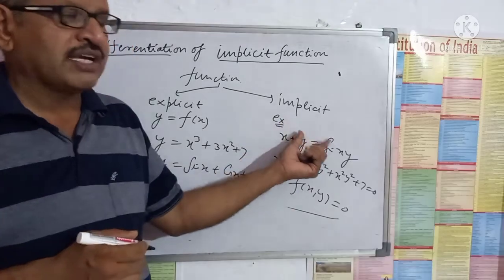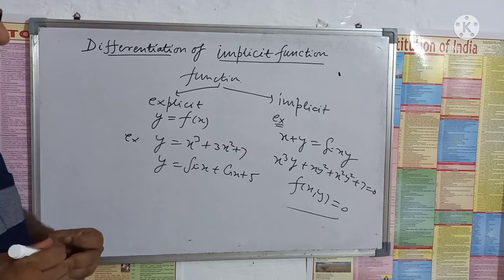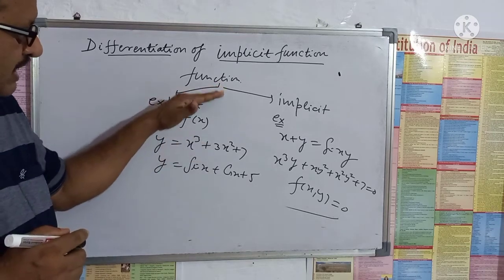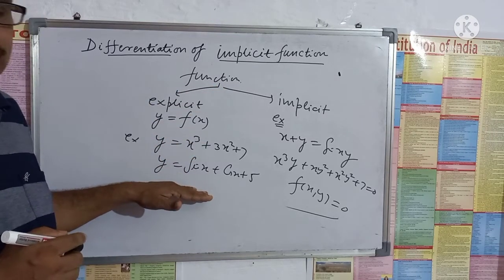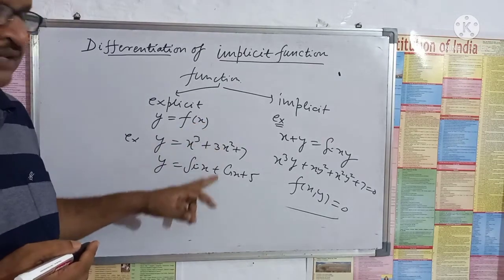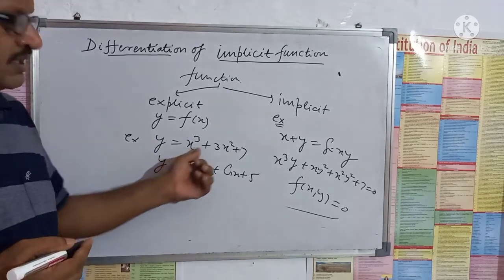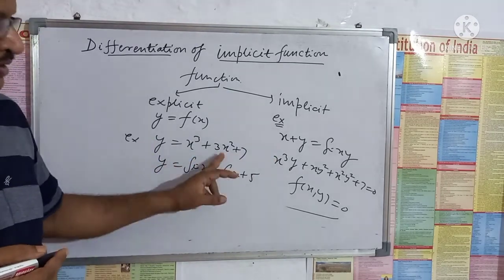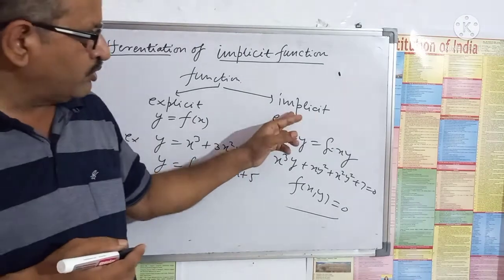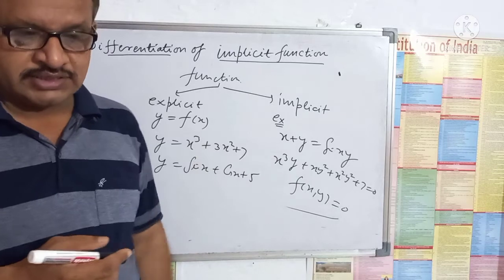Some implicit forms can be converted into explicit form also. So till now we have studied the derivative of explicit function. Means this type of function, we have studied how we can find the derivative. So differentiating with respect to x, we can find dy by dx and differentiate the right side with respect to x. Today we have to study the derivative of implicit function like this.